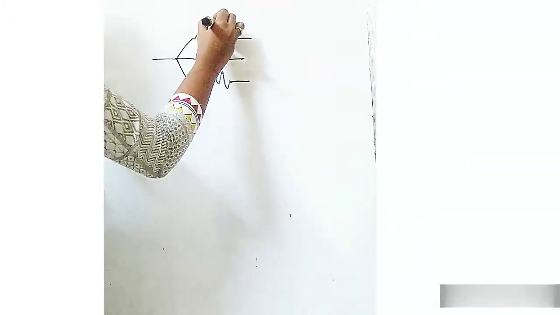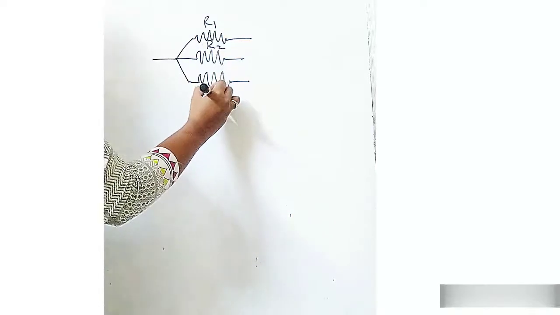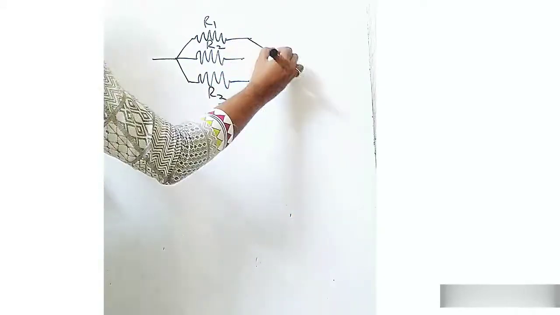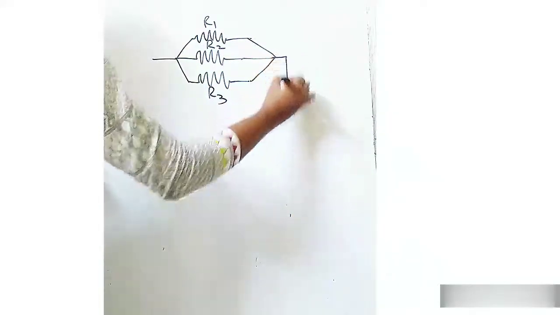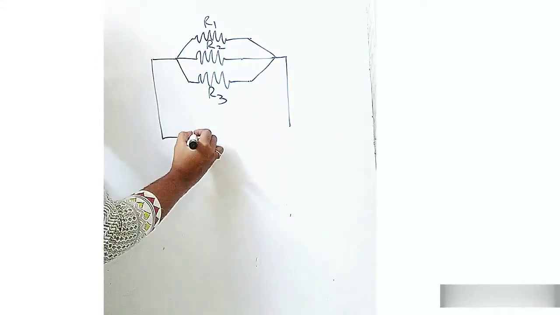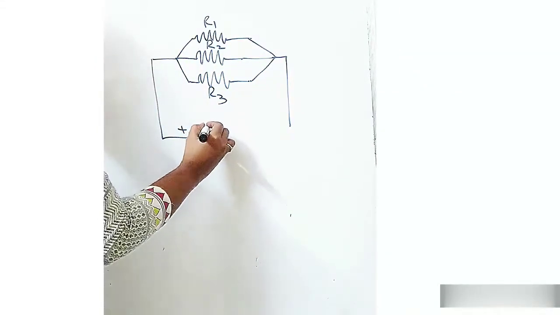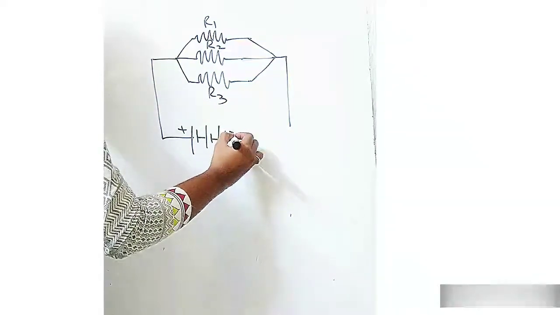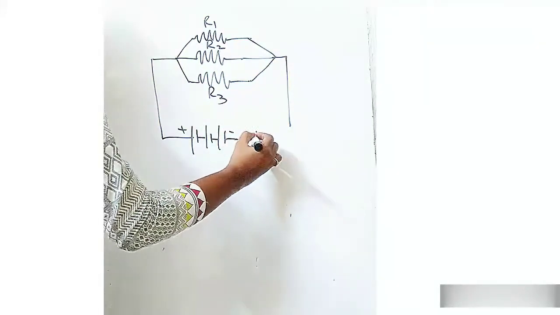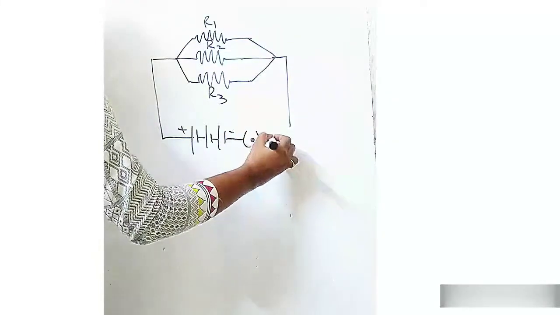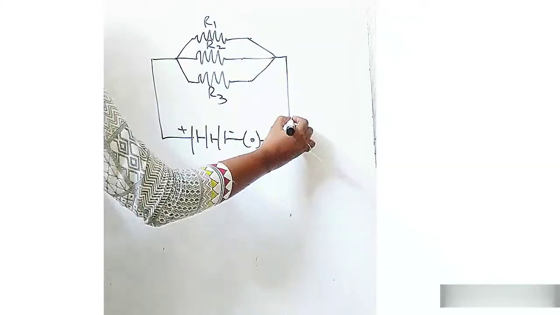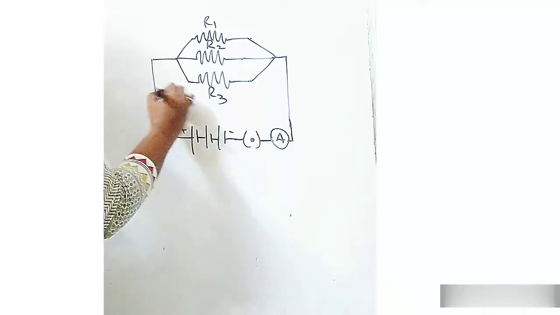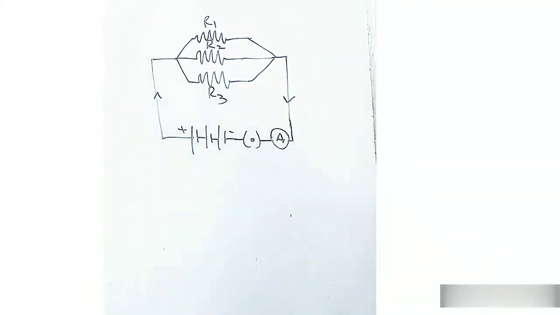This is R1, this is R2, this is R3. Now we are going to connect the battery. After that, a switch is required. Then after that, an ammeter. Okay, so this is our circuit completed.